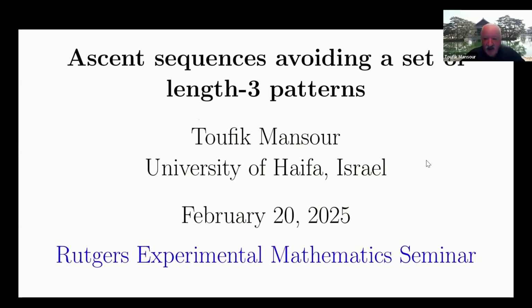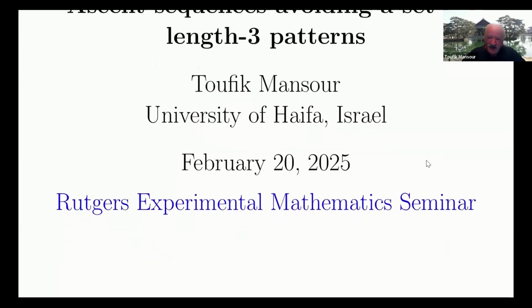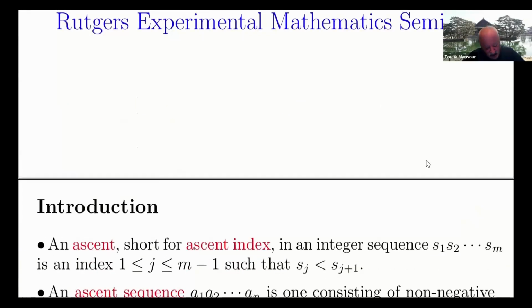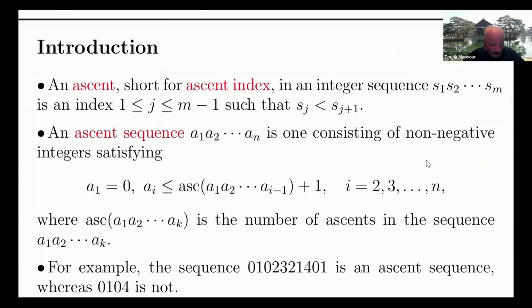So the key, we will see, is some procedure. Actually, the procedure is somehow basic, but the definition needs generating trees. Let us begin with ascent sequences, and then we will say more about that later.